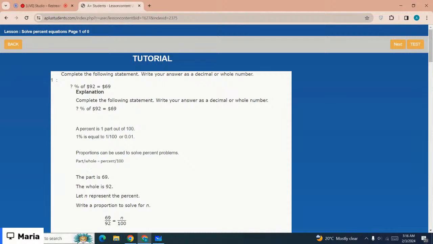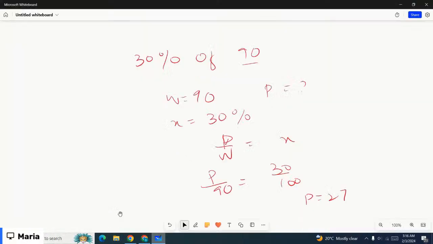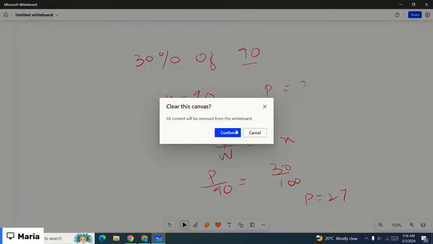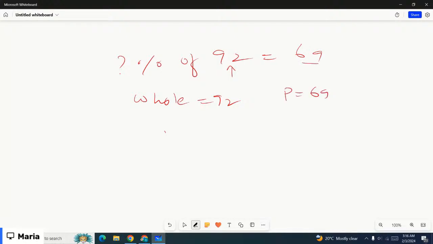So you are given: what percent of 92 equals 69, right? That is the whole, and this one is the part. You need to calculate the n, like how much percent it is, right?